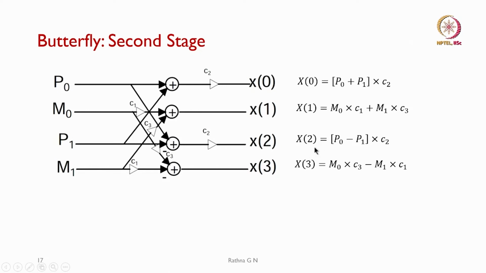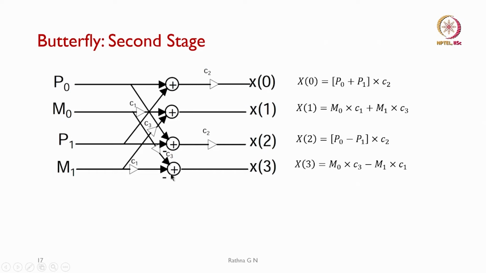Now, X2 is what? P0 minus P1 into C2. You are taking P0 here, minus P1 multiplied by C2, will give the output X2. And X3 we know is M0 into C3 minus M1 into C1. So, M0 is multiplied by C3 here and then M1 is multiplied by C1. After this is a subtraction, that is minus.